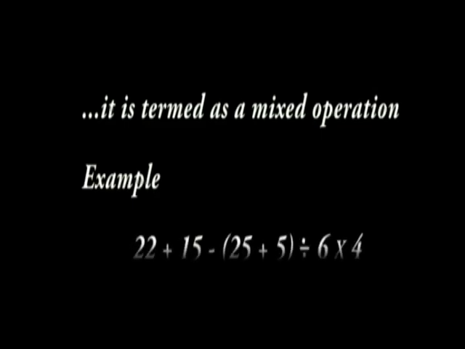For example, 22 plus 15 minus into bracket 25 plus 5 close the bracket divided by 6 times 4. In such situations, the order of operation is critical to getting the correct answer.